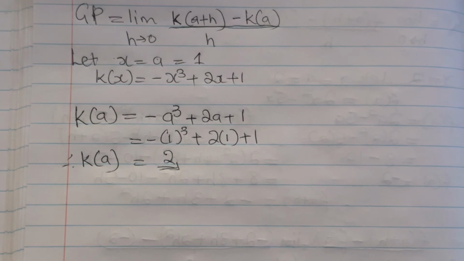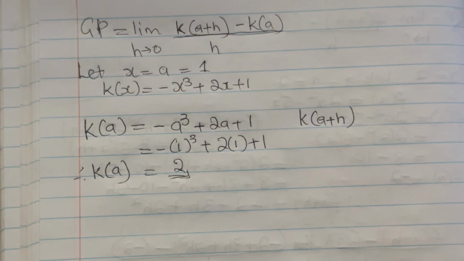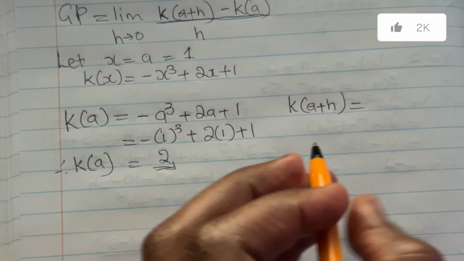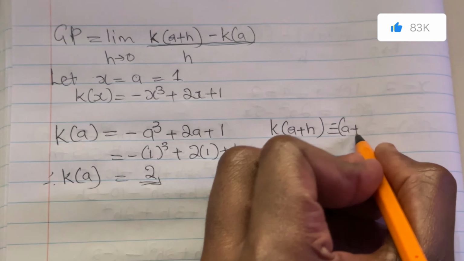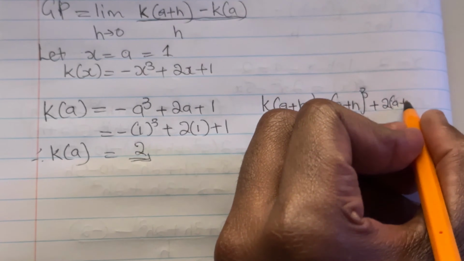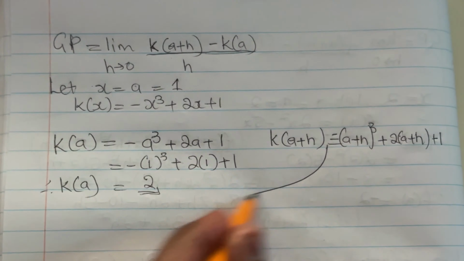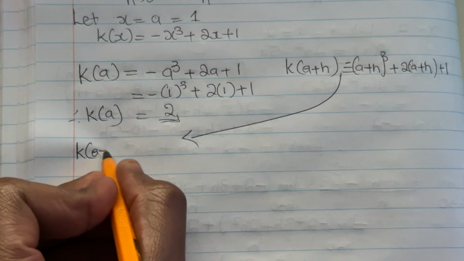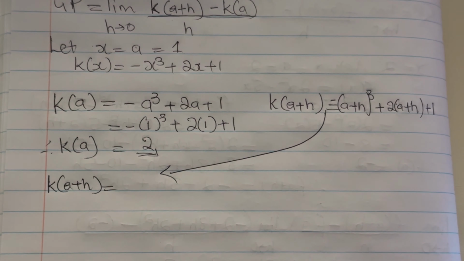Then the other thing that you want to calculate now is k at a plus h, which is going to be, wherever you see x, you just put 1 plus h. It's going to be minus a plus h cubed plus 2 into a plus h plus 1. Let me substitute 1 first.